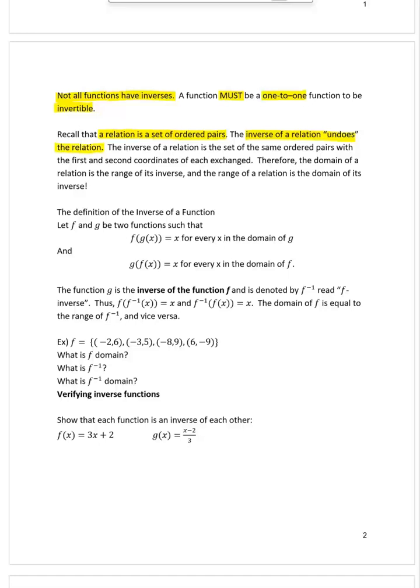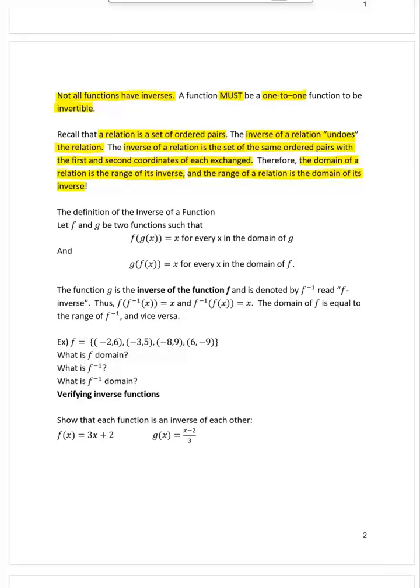So the inverse of a relation is the set of the same ordered pairs with the first and second coordinates exchanged. You're just going to switch x and y. Therefore, the domain of the relation is the range of its inverse, and the range of the relation is the domain of its inverse.